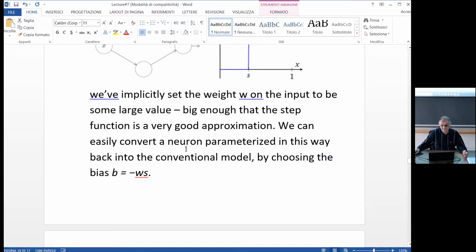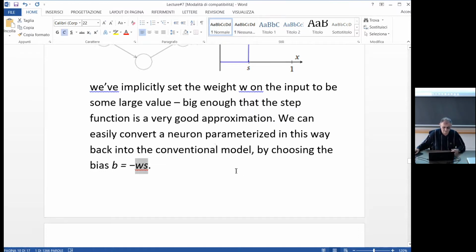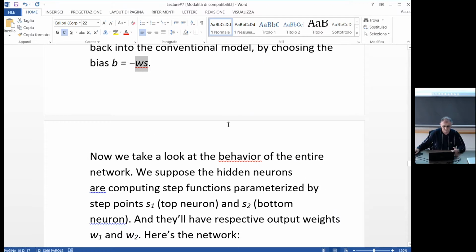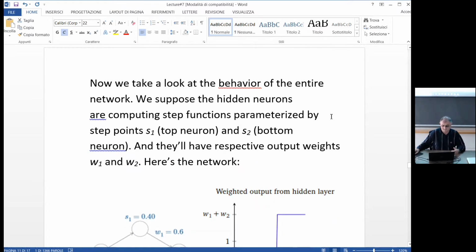We can easily convert to a neuron parameter. So having this s, we can then easily recover the bias B by the formula minus W s.